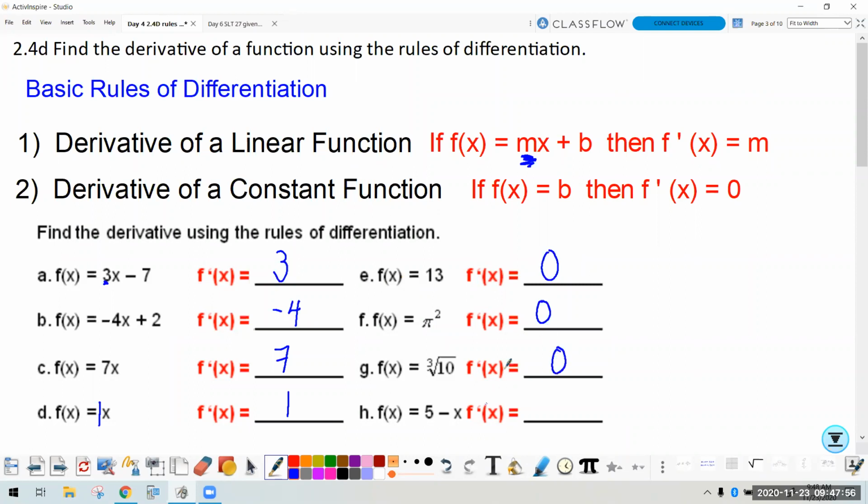Derivative is 0. Aha, but now for h, f of x is 5 minus x. There's a -1 slope, so the derivative is -1. Any questions before we keep going to when we actually get a type of function that's not linear?